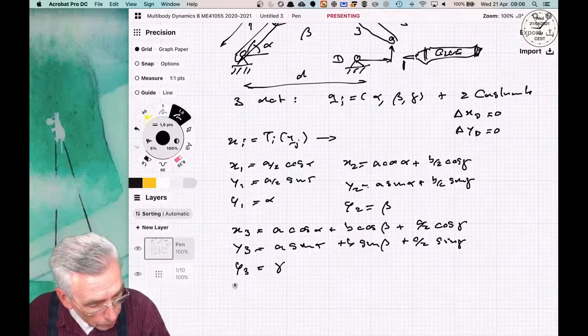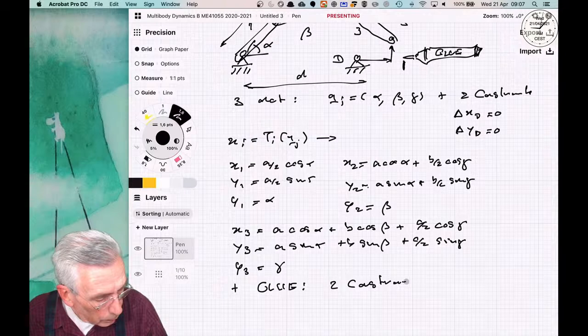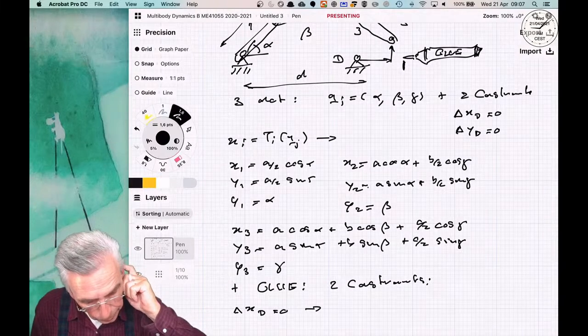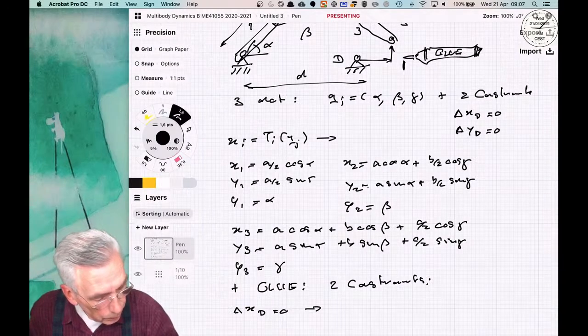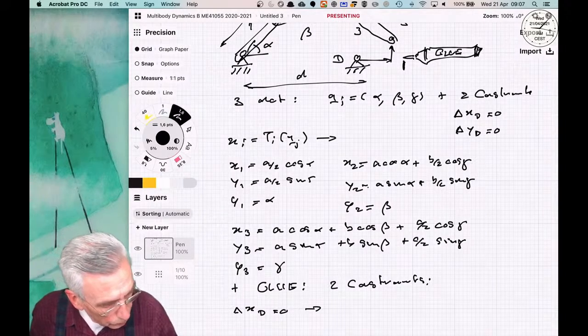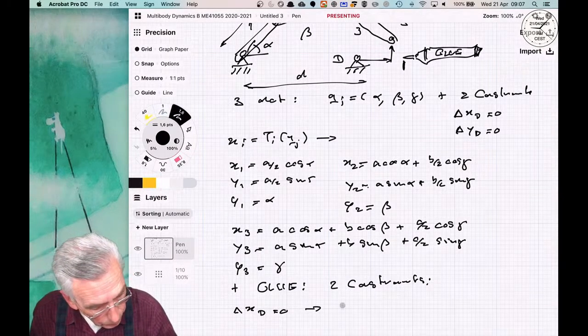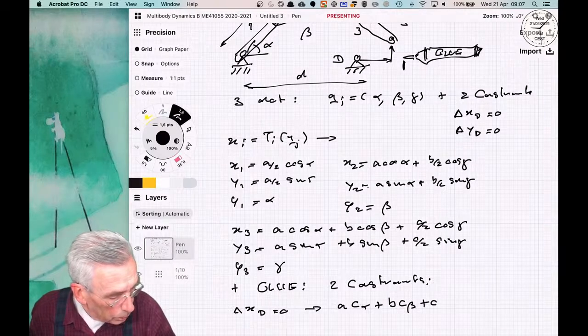And then of course plus the glue in our case, which are these 2 constraints. And the constraints are, as I said, delta x at D should be 0. In other words, we have to calculate the position of this point in the x direction, and we can borrow this expression, of course. Then we say a cosine alpha plus b cosine beta plus c cosine gamma.